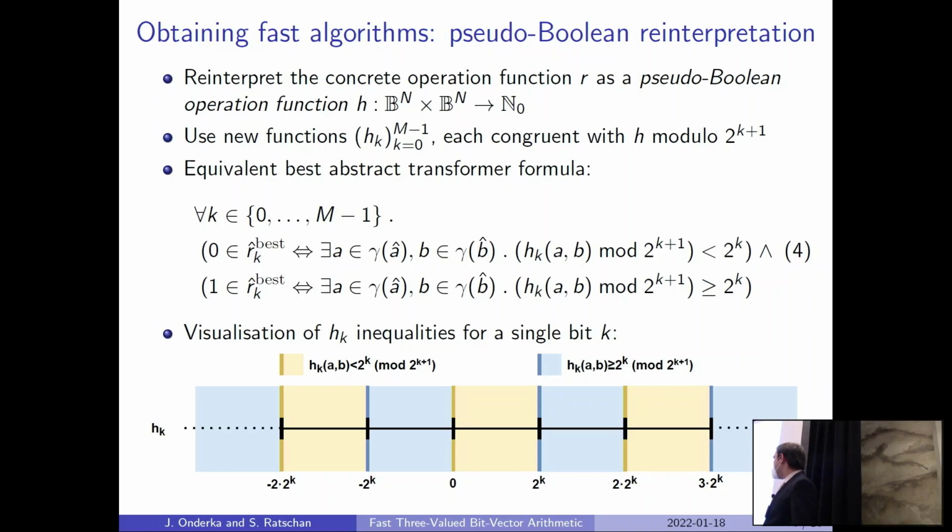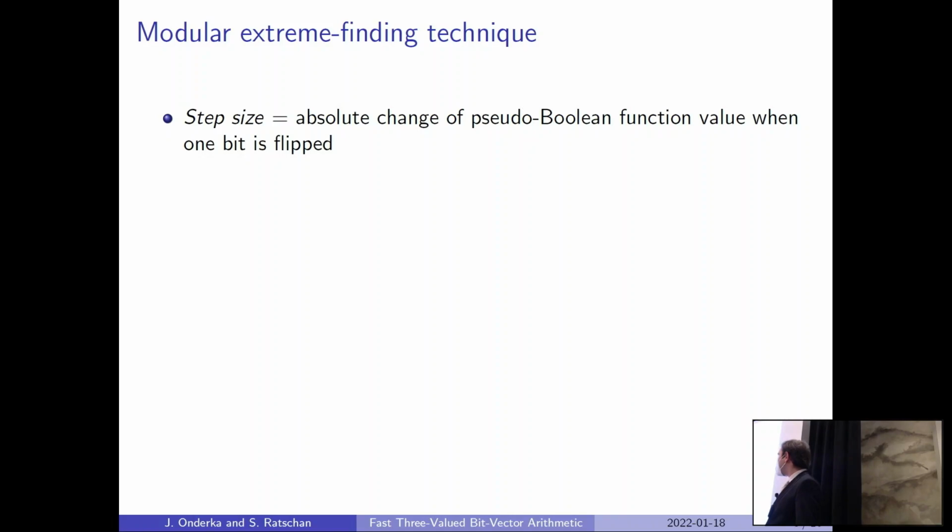If we have some concrete input possibility that has output of h_k in the yellow area, then 0 is in the best abstract output bit k, and if we have a possibility that is in the blue area, then 1 is in the best abstract bit k.